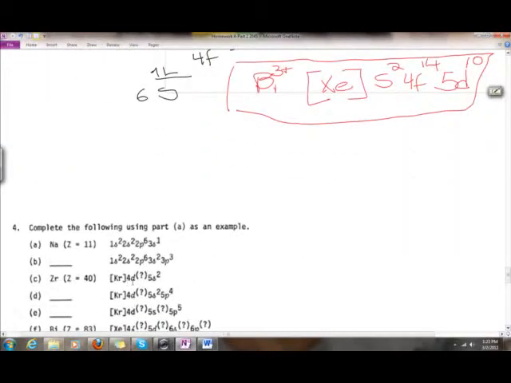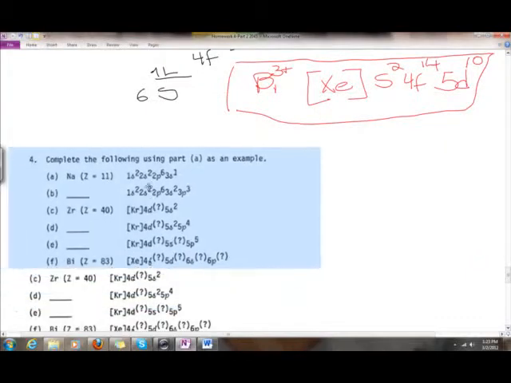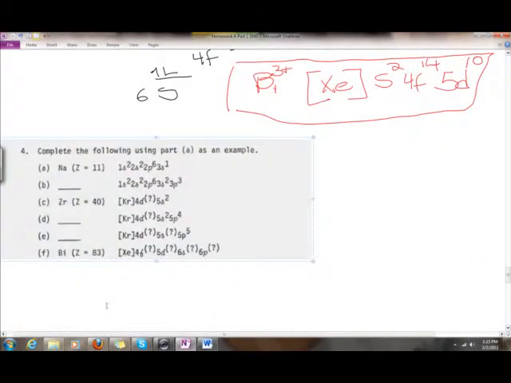Okay, let's go with problem number 4. And this is simple. It's the opposite. If I give you the electron configuration, this problem is asking you what is the element. So if you got here the ion, on 1s2, 2s2, 2p6, 3s2, 3p3. Why don't we look at this element?